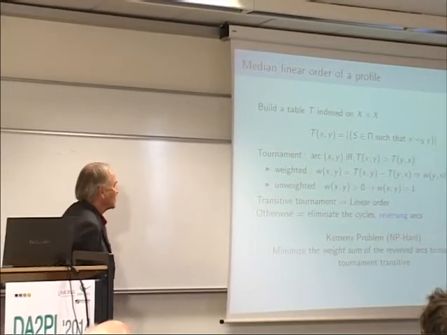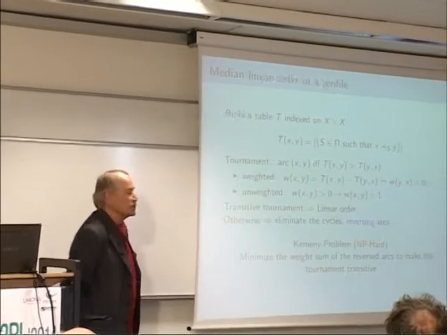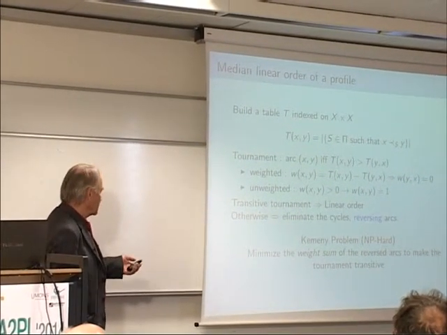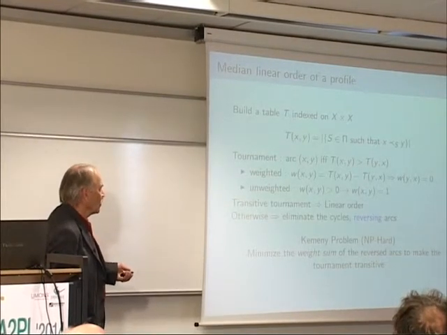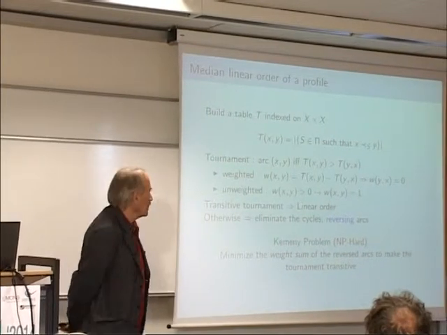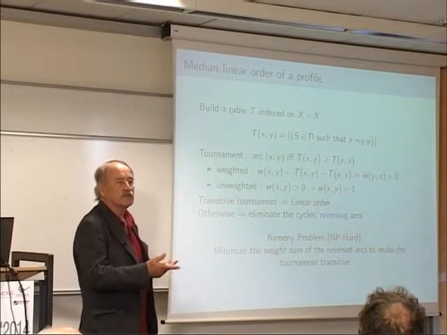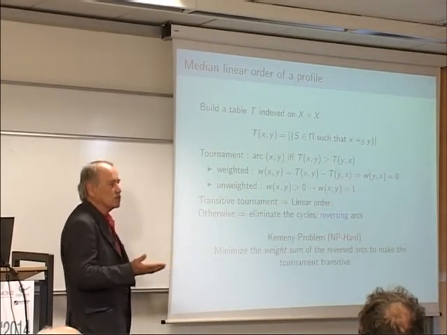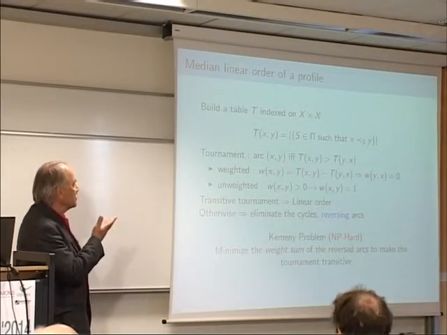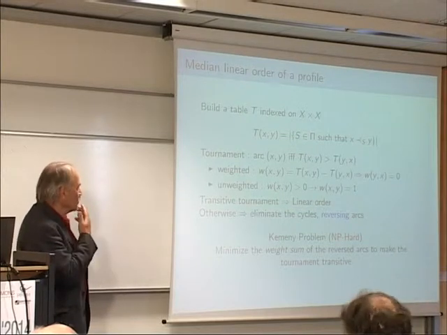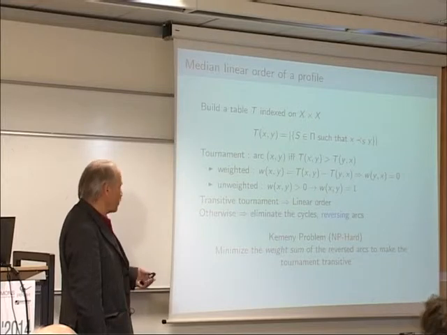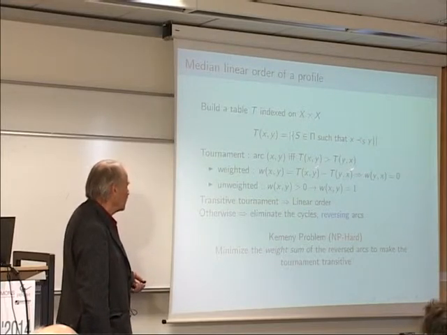It's very classical. You have to build a table corresponding to pairs, and T of xy is the number of orders in the profile such that X is before Y, and so T of xy and T of yx sum to the number of experts M. And with this table, you build a tournament in which you have an arc between X and Y if T of xy is larger than T of yx.